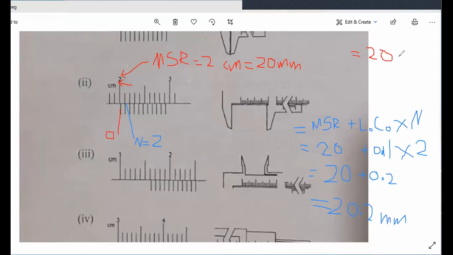What is the positive zero error here? 0.2, sir. Therefore, outer diameter equals 20.2 minus 0.2. So that is 20 millimeter. Okay, dear?